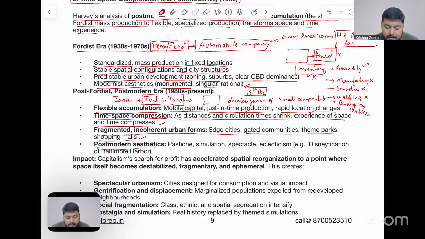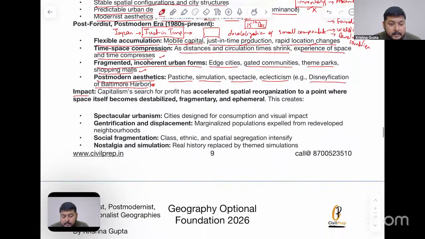Postmodern aesthetics like pastiche, simulation, spectacle, eclecticism, and we can say Disneyfication of Baltimore Harbor was also seen as a part of the post-Fordist approach here. What was the impact here? Capitalism's search for profit has accelerated spatial reorganization to a point where space itself becomes destabilized, fragmentary, and ephemeral.